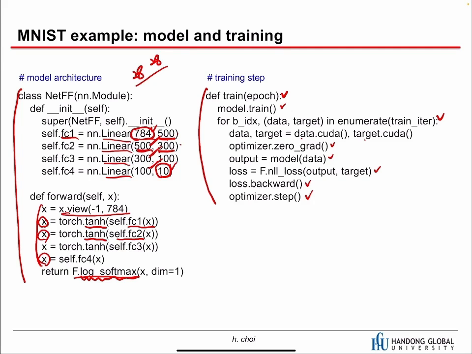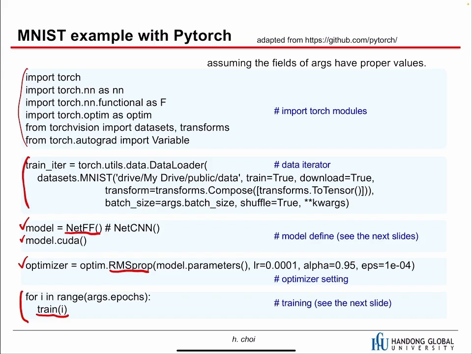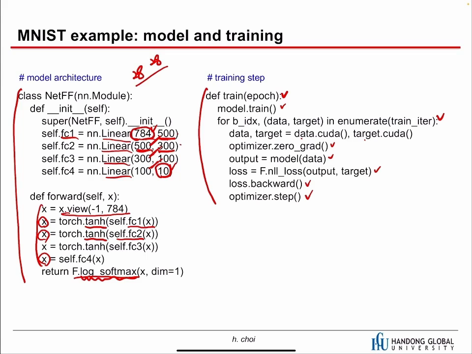Applying a deep neural network is really simple. Again, in this slide, we just import some modules, and then we have to define our own data iterator. This part takes a lot of time if you have your own data set. Then we define the network architecture, choose one of the optimizers, and implement this training function.